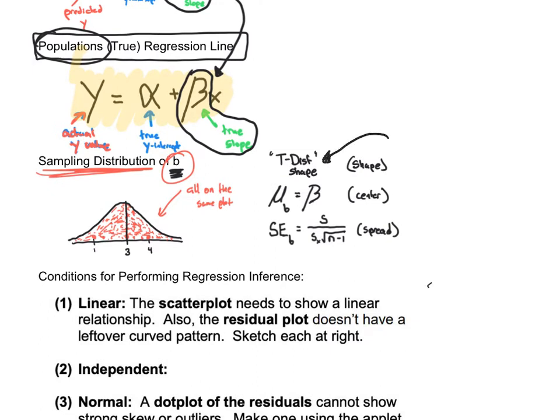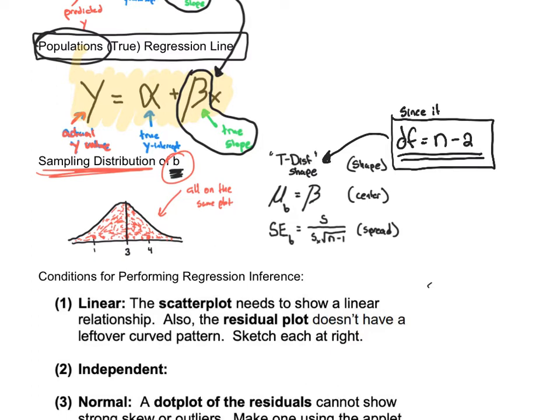It's not just a t distribution, it's got its own degrees of freedom. Since it is bivariate data, our degrees of freedom is going to be n minus 2. That's a little bit different than what we've been doing. When we did a t distribution for means, we would do n minus 1.